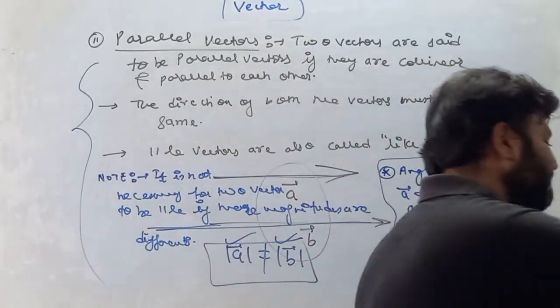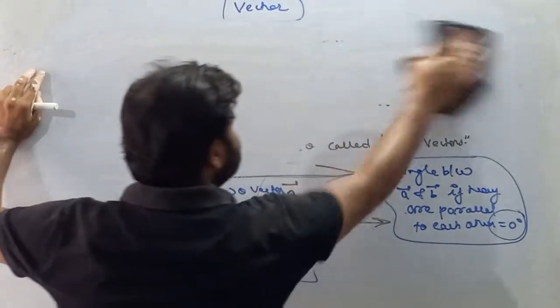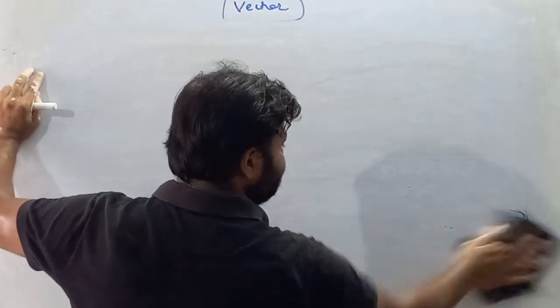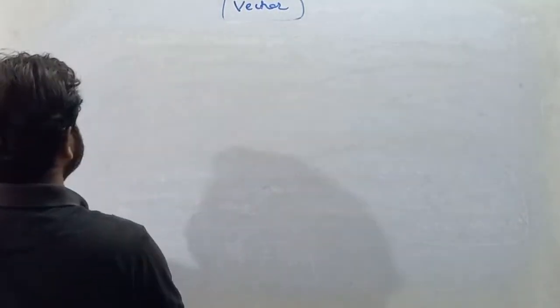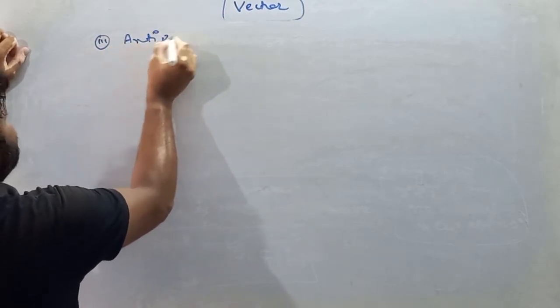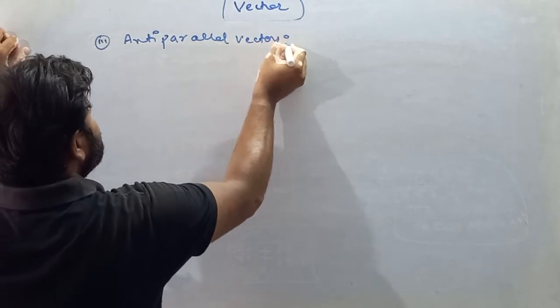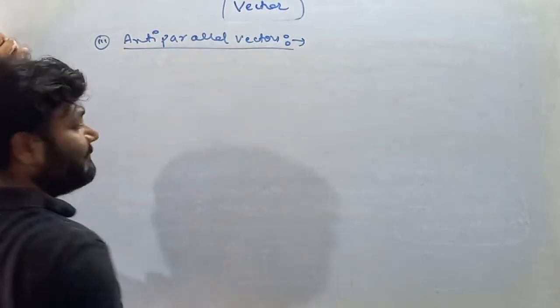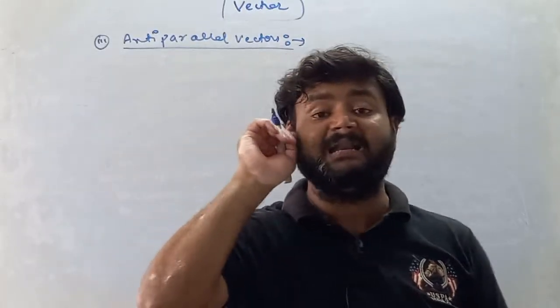Now moving forward, third is your anti-parallel vector. So write down anti-parallel vector. So next is our third discussion, it is anti-parallel vectors. Two vectors are said to be anti-parallel, and anti-parallel vectors are also called unlike vectors.